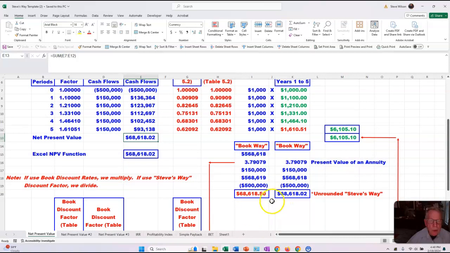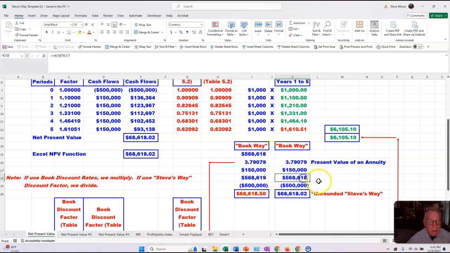Okay. Now, we use the same approach here that we do with the bond. Here, if I do it the book way, I'm going to take this 568,000, that's the total, and I'm going to take these interest payments and multiply those through times 150.